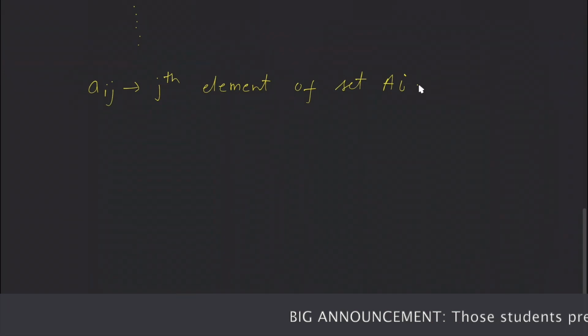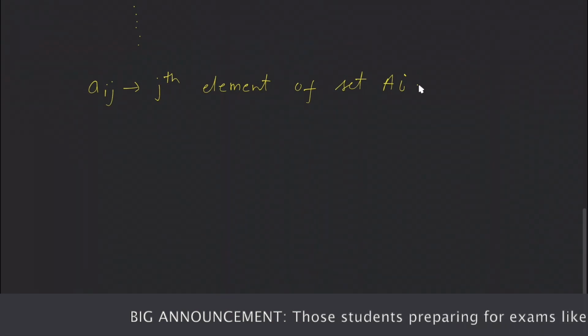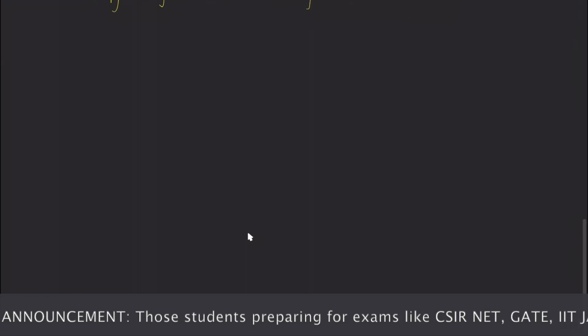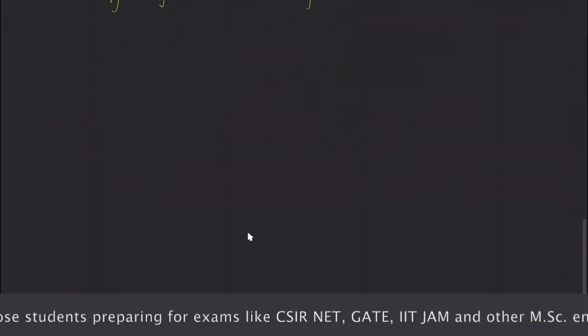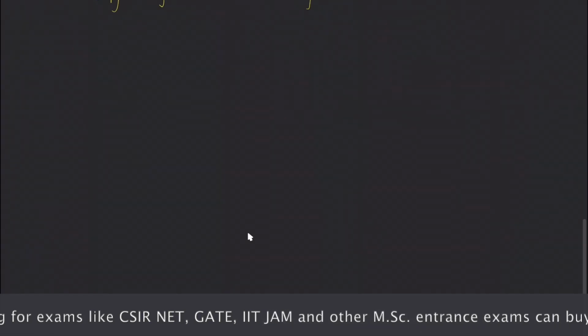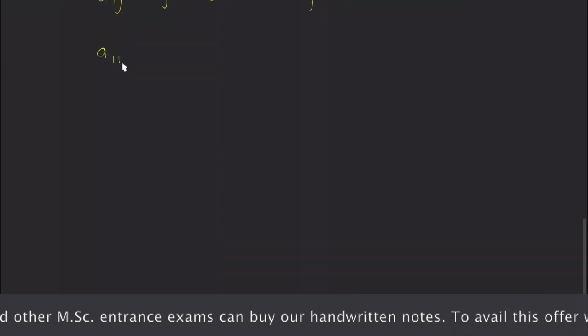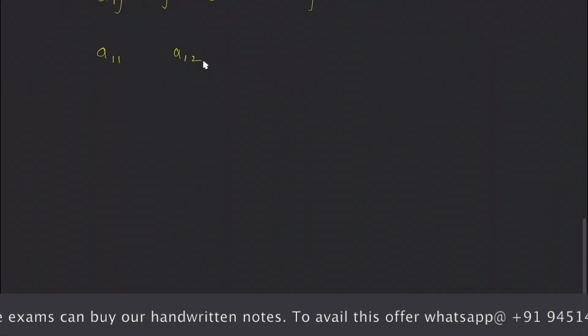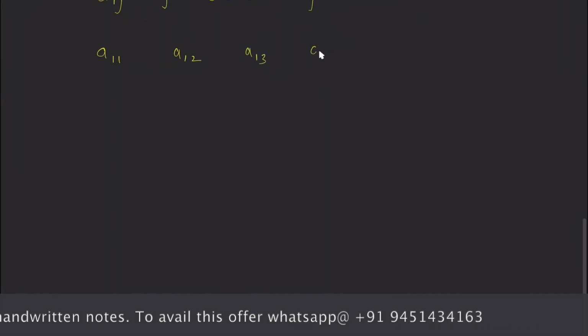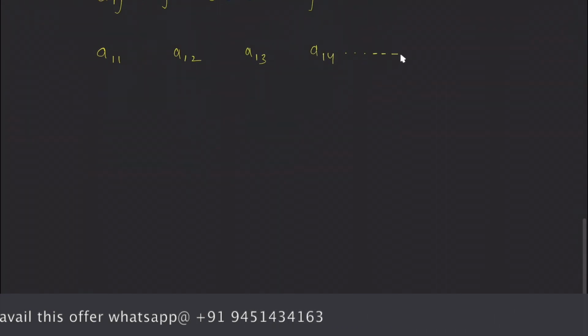Alright. Now let's develop a technique, and with the help of that technique we can count the elements of the union of sets. So the elements are A11, A12, A13, A14 and so on.